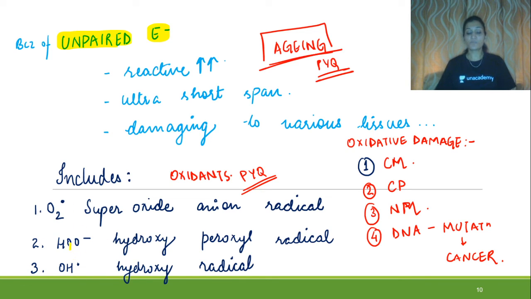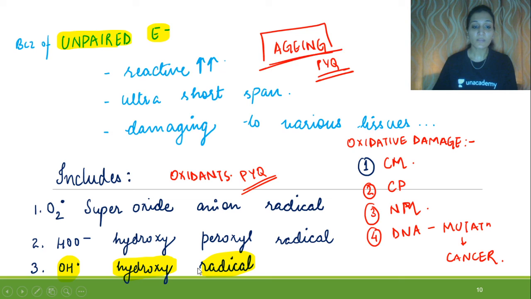The most potent is the hydroxyl radical. This one is the most potent free radical or oxidant. Hydroxyl radical is the most potent free radical in the human body, right? So these are some of the things which we have seen.